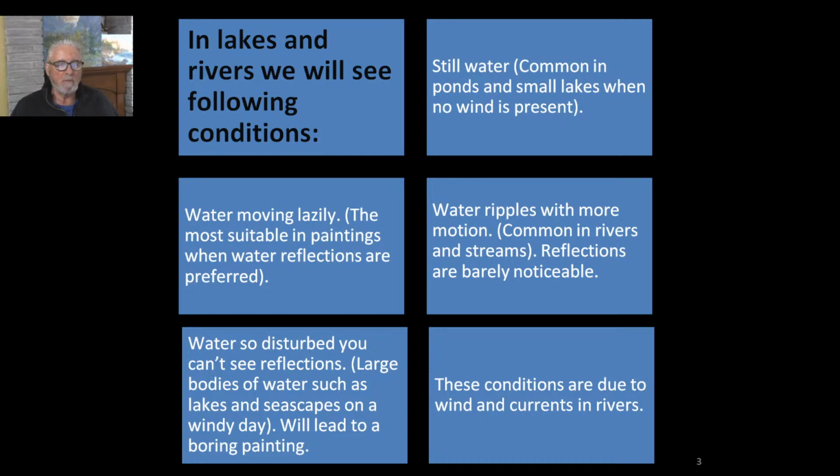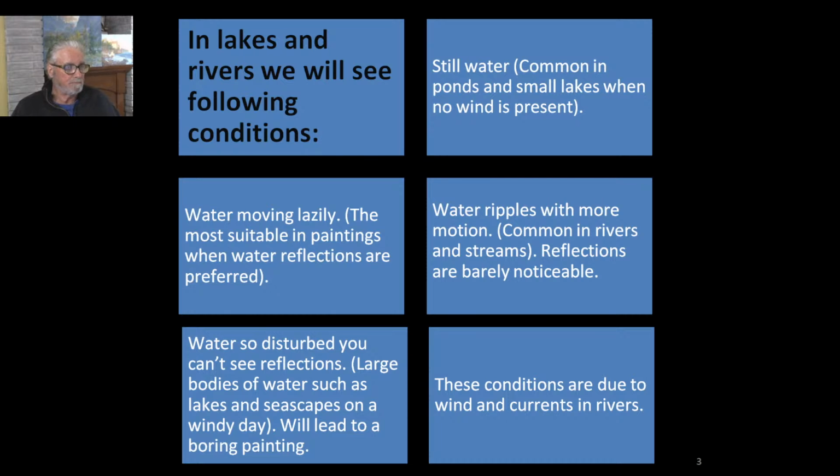Water ripples with more motion, that's like in between a silent lake and some overwhelming reflections. It's in the middle somewhere, but it's not a really good method for painting reflections. And the last one would be water so disturbed you can't see the reflections. This applies basically to large bodies of water such as lakes and seascapes on a windy day, and it will lead to a boring painting.